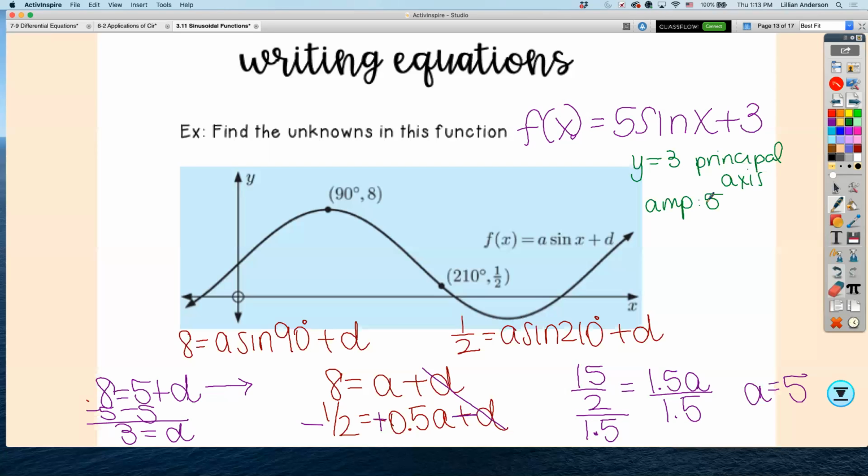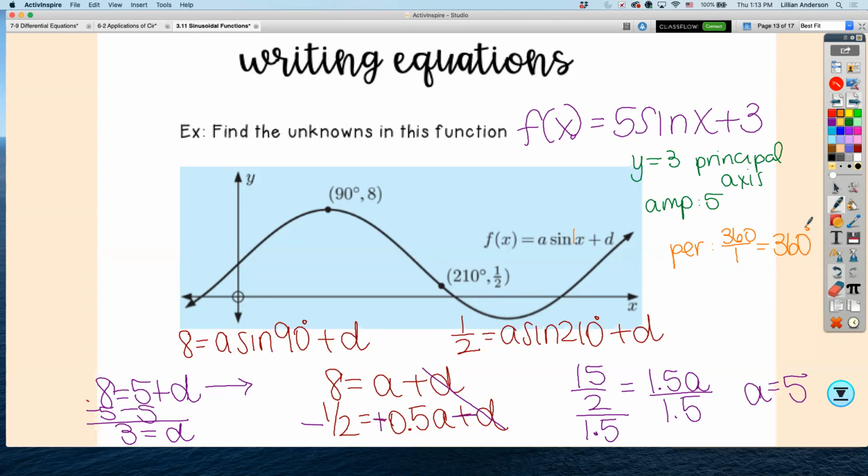It didn't ask, but I'm trying to see if y'all recognize it. What was B in this problem? 1. It's 1, because it's the number that's attached to the X, and even though nothing's there, it's an invisible 1. And if the period is 360 divided by B, 360 divided by 1 is 360.